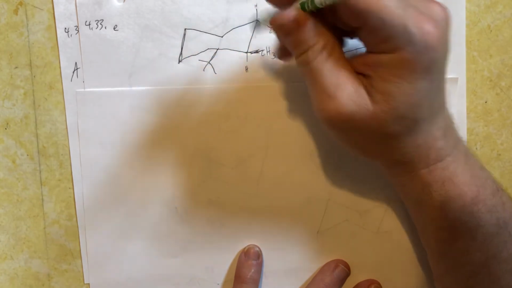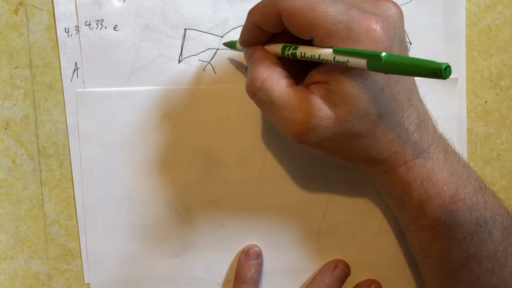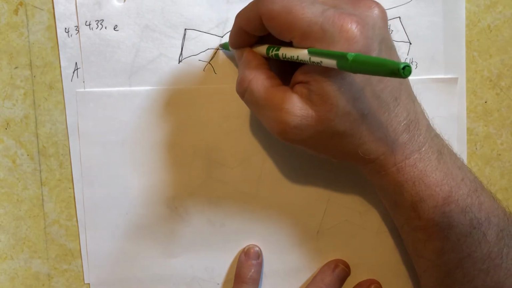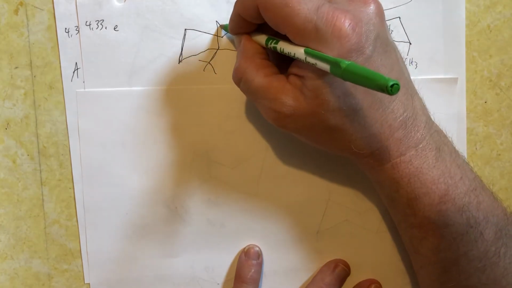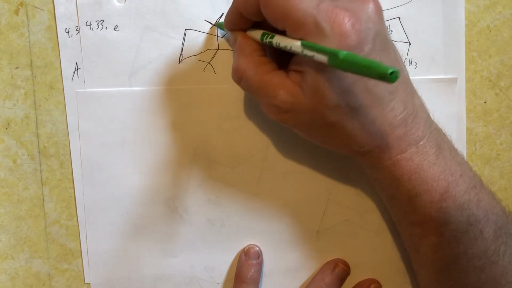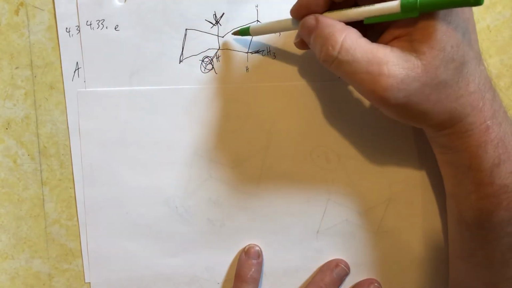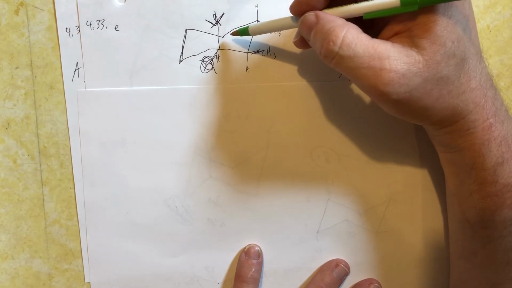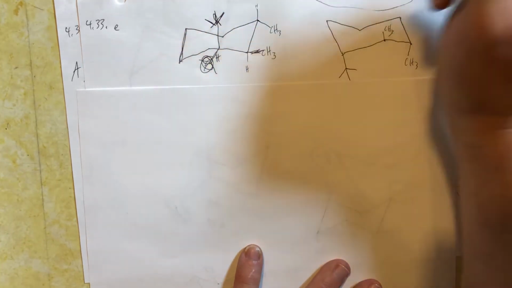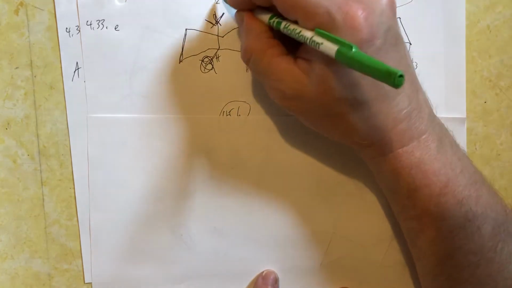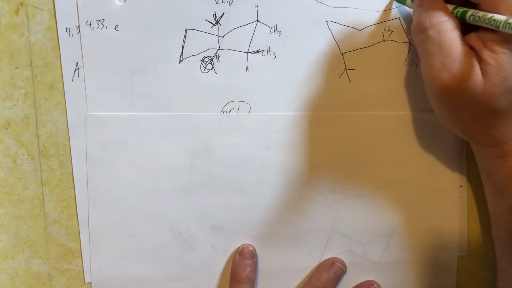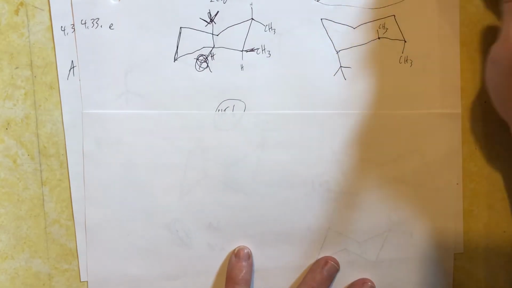E? I feel like I did this one wrong. I think I made a mistake. I think this one should be up, and the hydrogen should be axial, and this should be out of the page. Okay, so the interference here would be, what is that, 22.8? Okay, so this one's probably wrong.